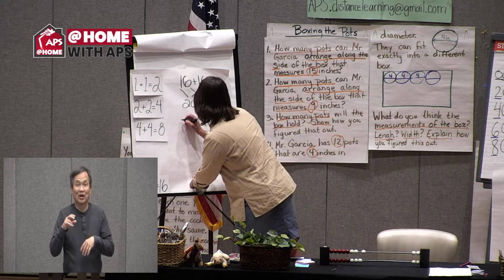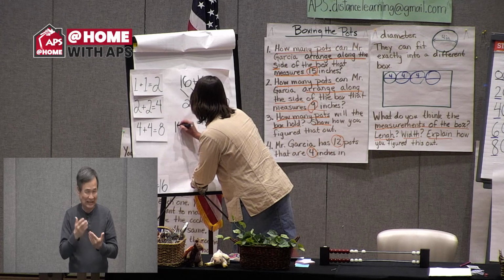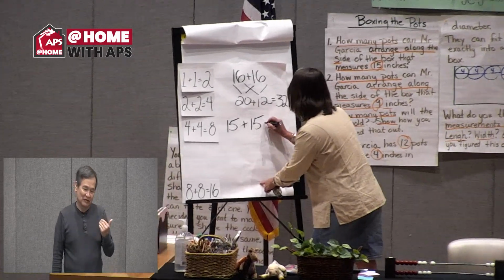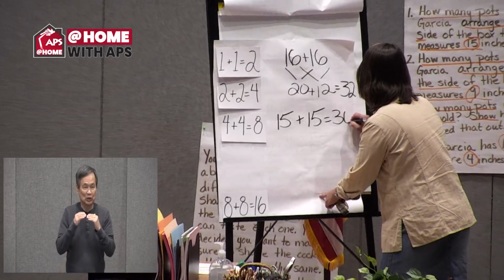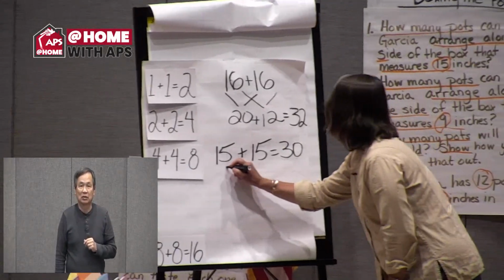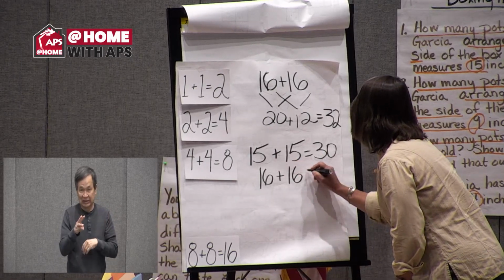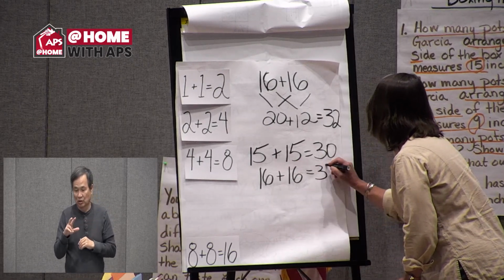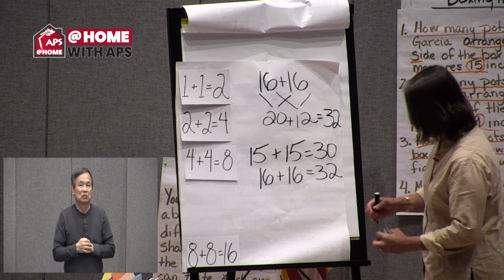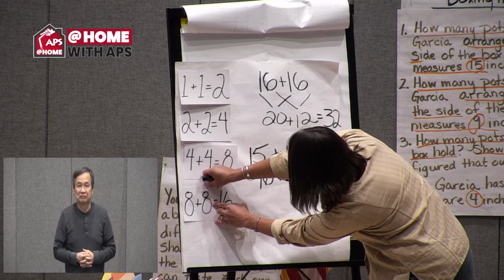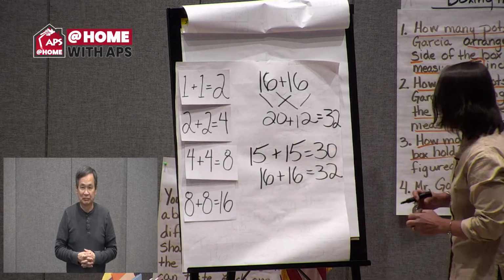You might have also thought about an easy double to use, like maybe you knew 15 plus 15 equals 30. So then you knew that 16 plus 16 would be 2 more, 32. Those are a couple of ways to think about it. All right.